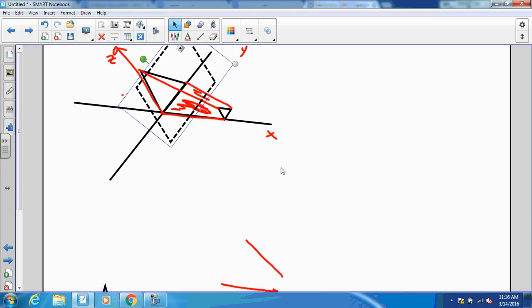Now that's going to be tough. There we go. That's pretty good. If I were to take a cut that is perpendicular to the x-axis, so that we now get a shape like this in that plane, all of the shapes that I get when I cut perpendicular to the x-axis are going to be equilateral triangles.